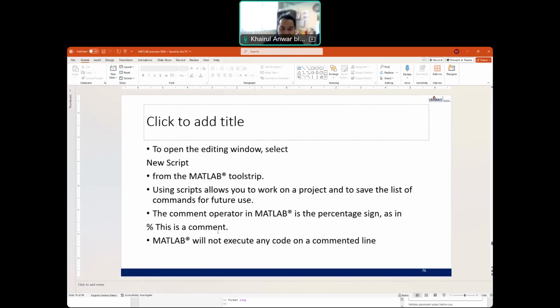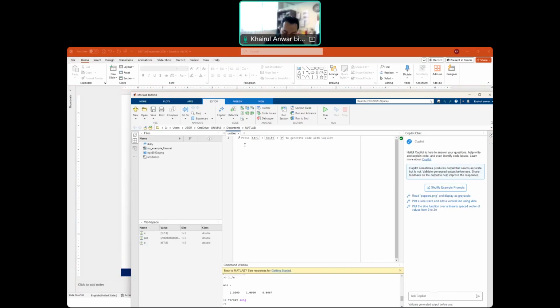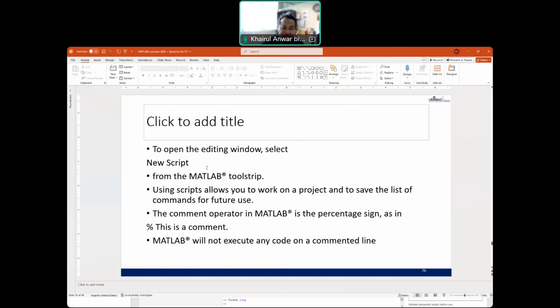If you use a comment, it will turn green. This green color is not part of the code. It's just something that you write as a reminder for yourself, like which function this code is for.